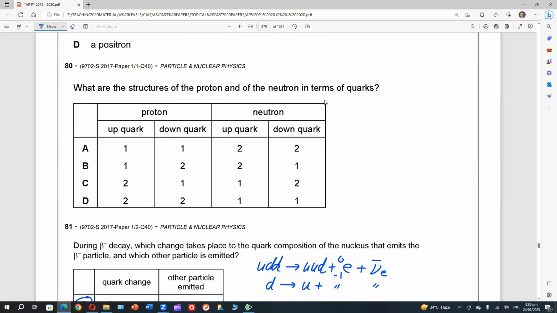What are the structures of the proton and the neutron in terms of quarks? Protons UUD.